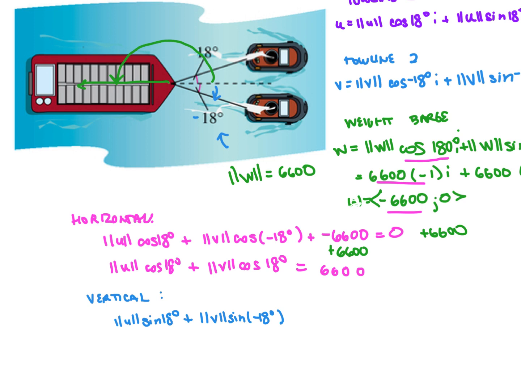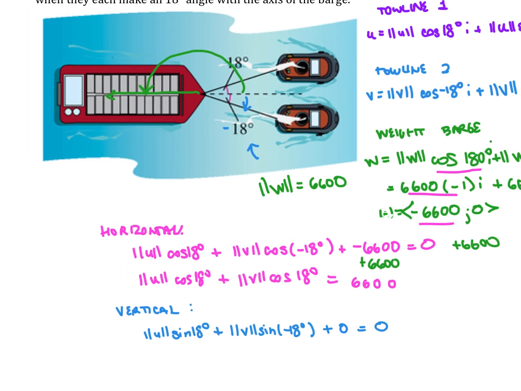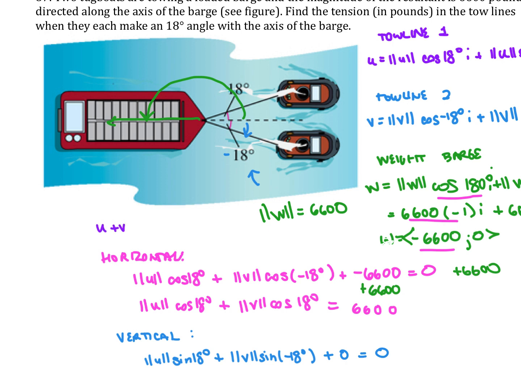So not equals, but plus 0, and that equals 0. Okay, and that's because U plus V plus W equals 0, right? Because we'll just say nothing is moving at this point, and so it's just holding still.